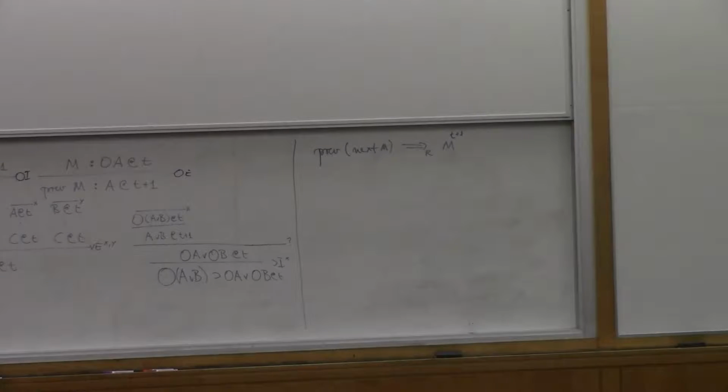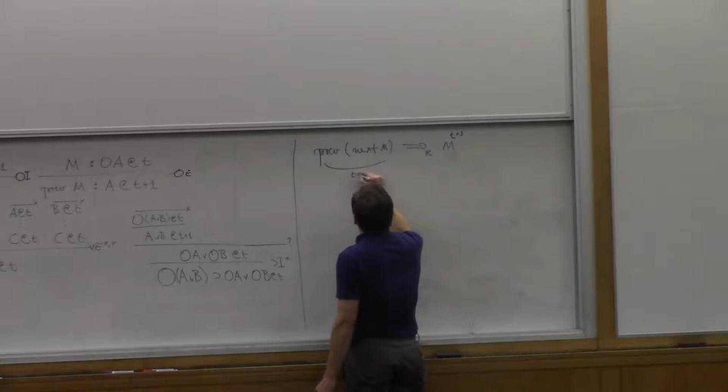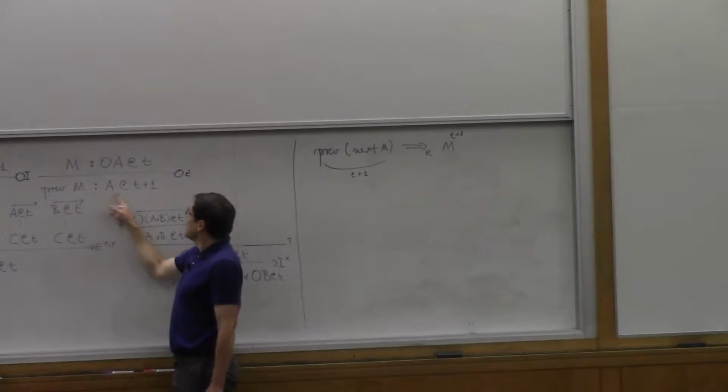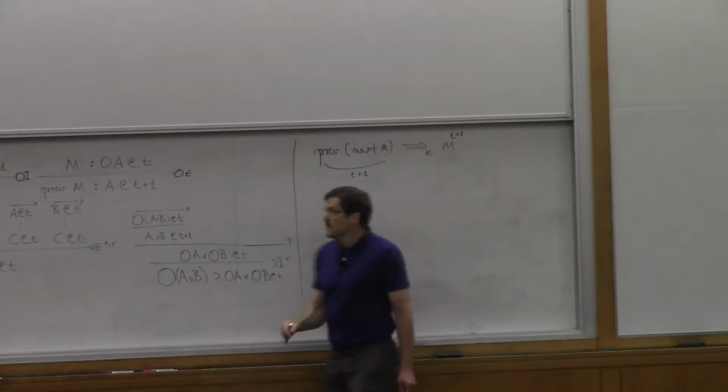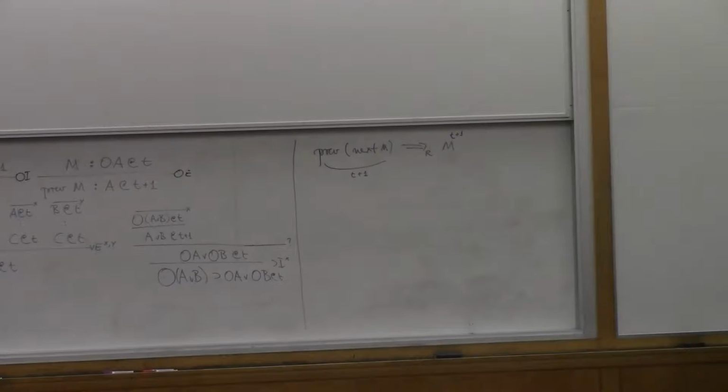Now, reductions preserve time. So this whole term on the left-hand side also lives at time t plus 1. And that's true because prev of next of M is of type A at time t plus 1. Is there anything else to say here? Do we have any terms at time t?